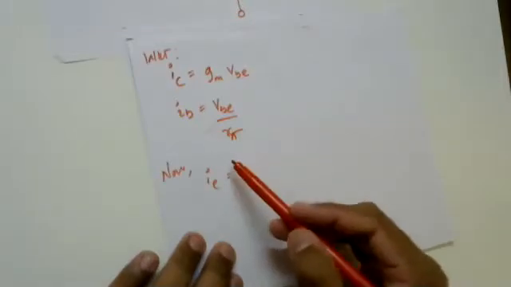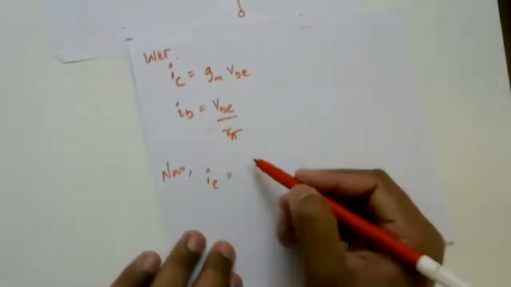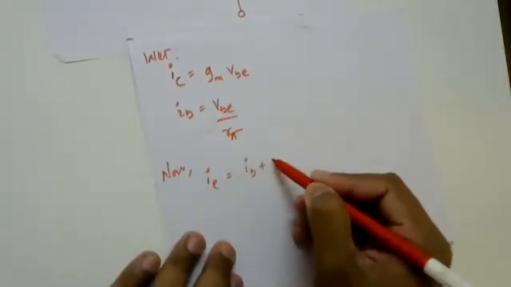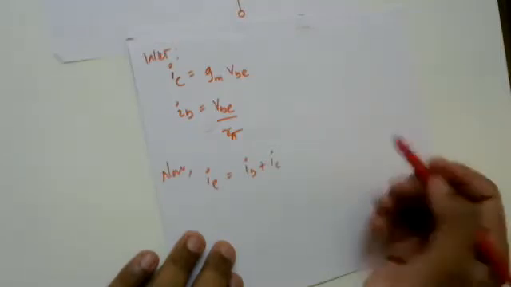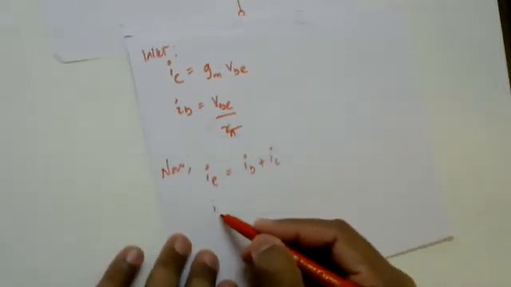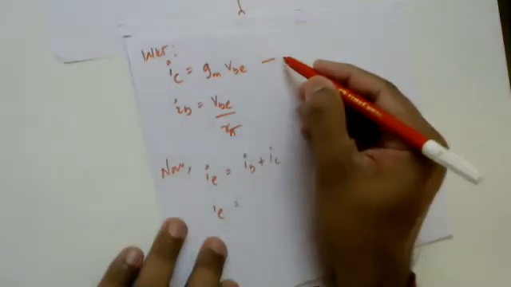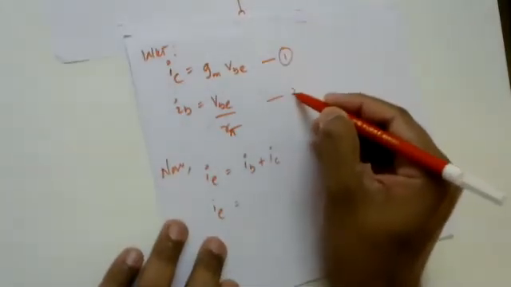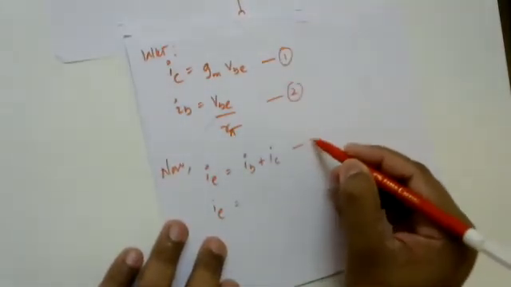So I can write the equation for IE as IB plus IC. I know the equation for IB and for IC, so I just need to substitute. For simplification, I'll call these equation 1, equation 2, and equation 3.